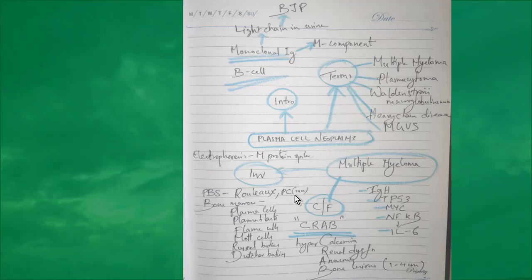And there are different cells called flame cells, moat cells, and inclusion bodies called Russell bodies, Dutcher bodies, etc. These are all basically due to accumulation of immunoglobulins within the plasma cells.